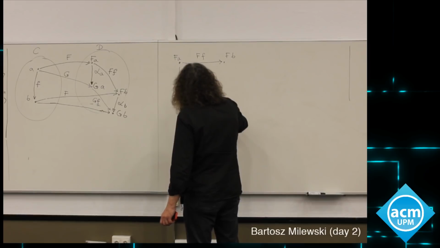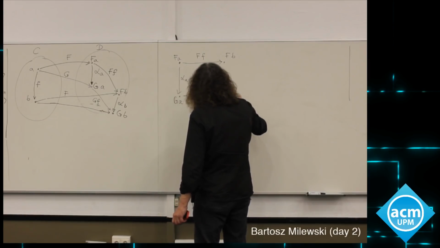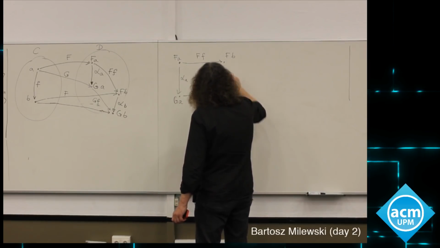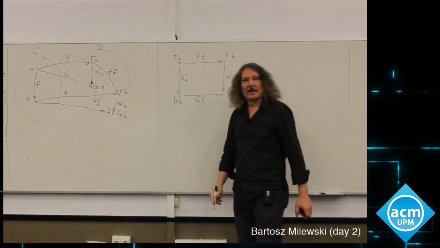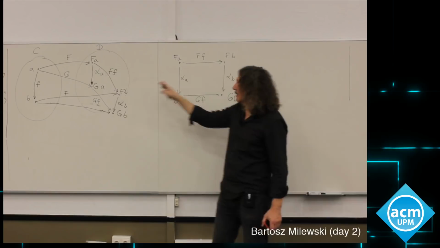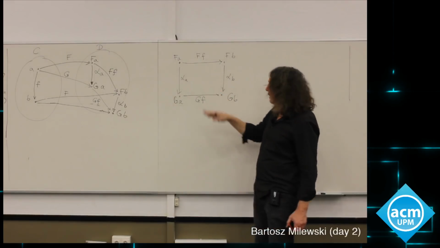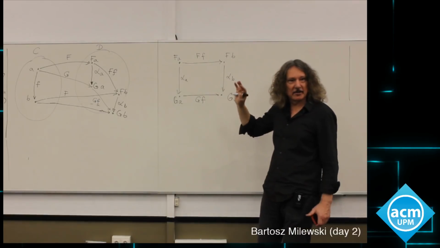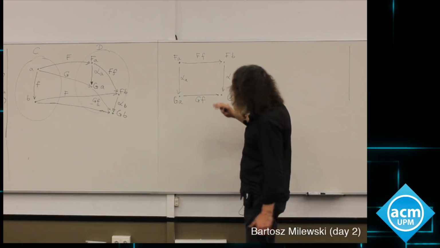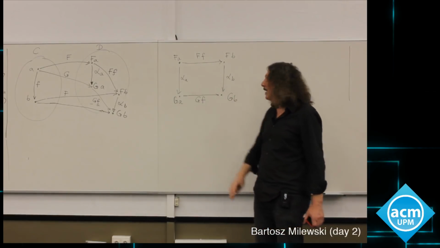This is Gf. This is GB. And this is alpha B. Right? So I just redrew this diagram so that it's more square looking.